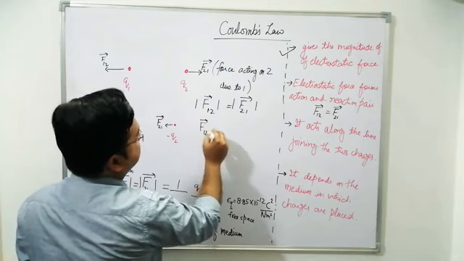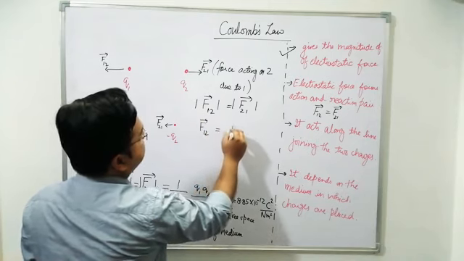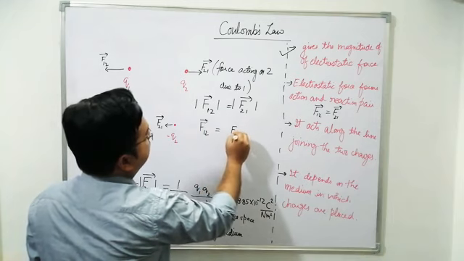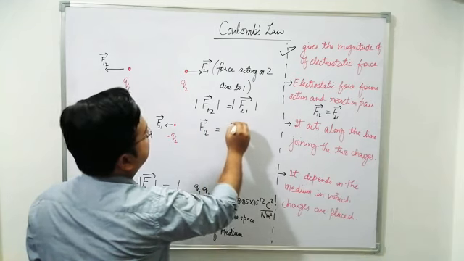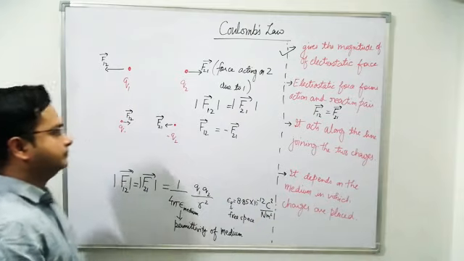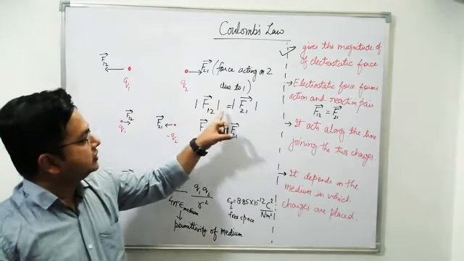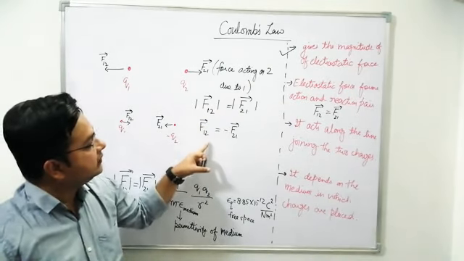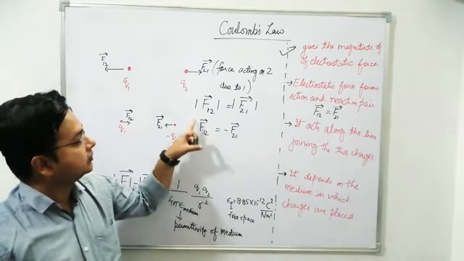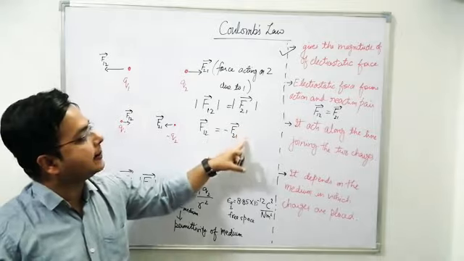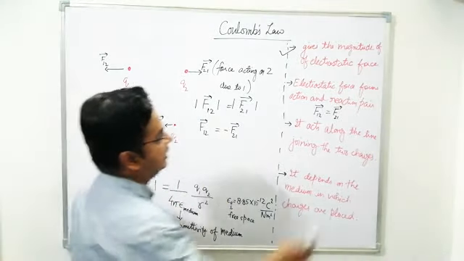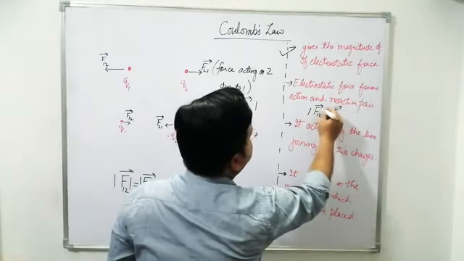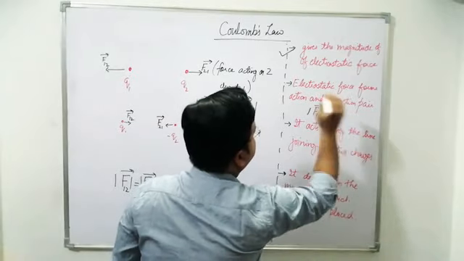Please make a note of this: F12 is equal to minus F21. Because here we are only considering the magnitude of the electrostatic force, while without the modulus sign we are also considering the direction of the force. So the electrostatic force forms an action and reaction pair. I hope you have all understood this.